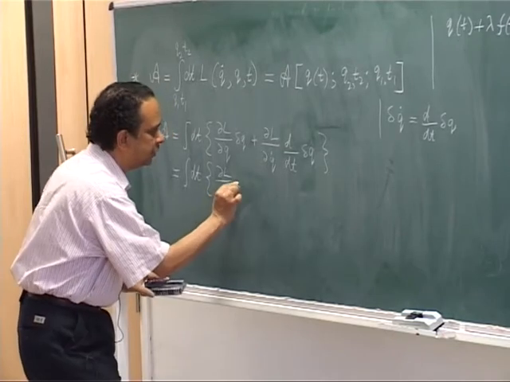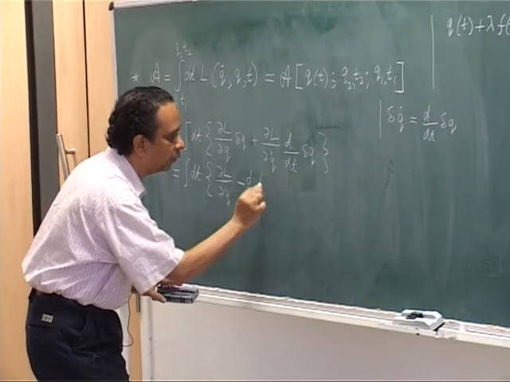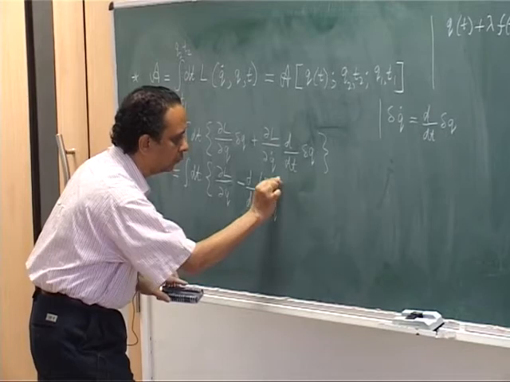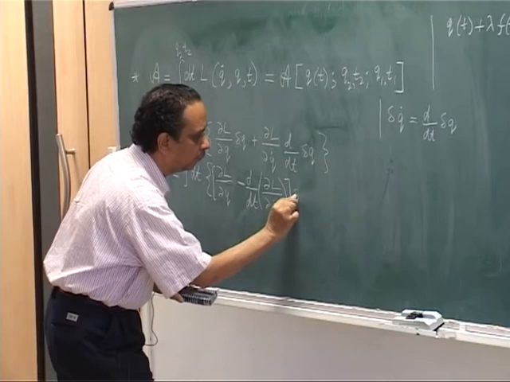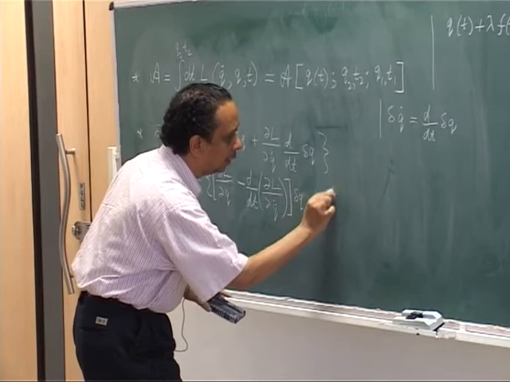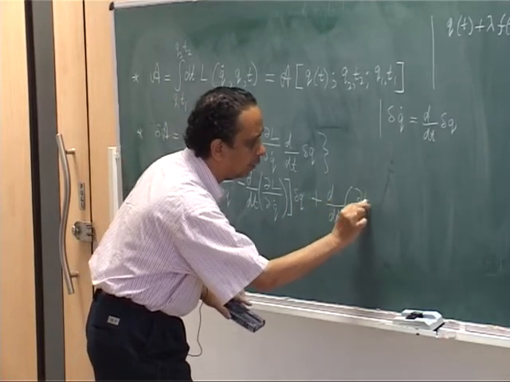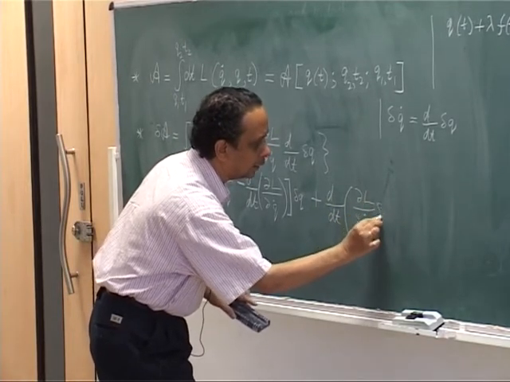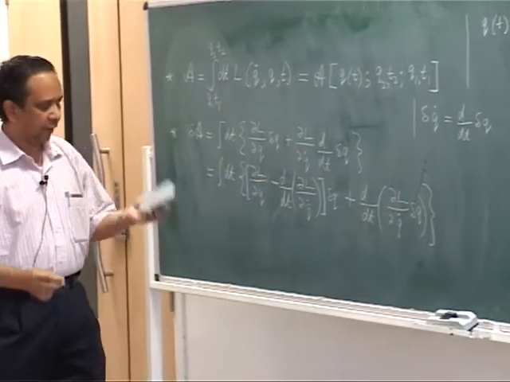So, I can even do this: minus d by dt of dL with respect to dq dot, this whole thing into delta q, then I have plus d by dt of dL by dq dot delta q. This is what you get.